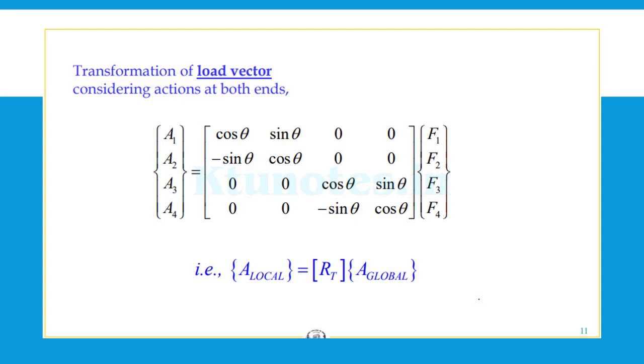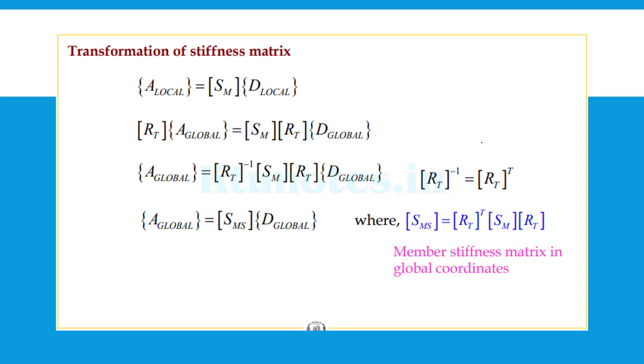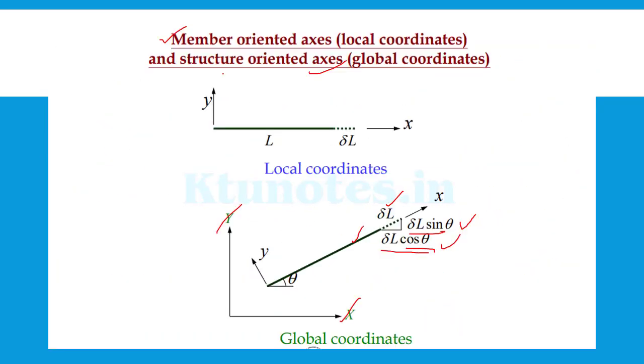So a is equal to matrix r into a global, or f. So we have obtained the transformation for the stiffness matrix, A local is equal to Sm into D local. So this was the individual element stiffness matrix which we have discussed.